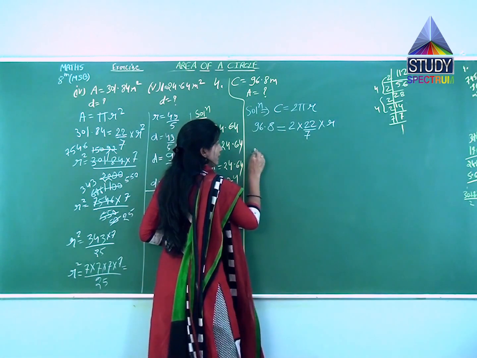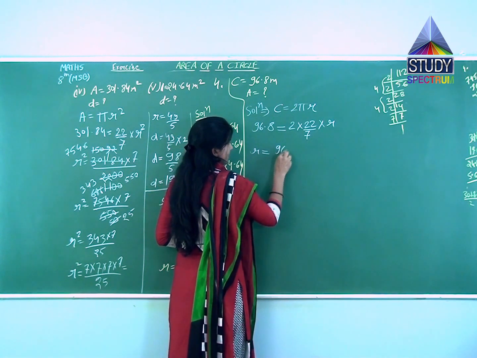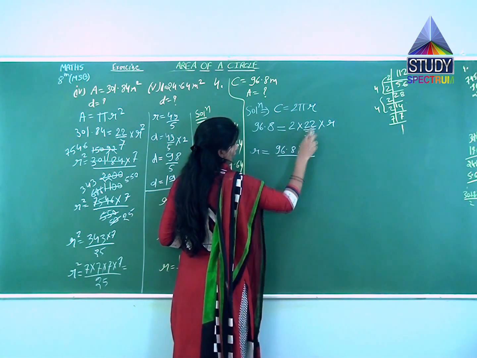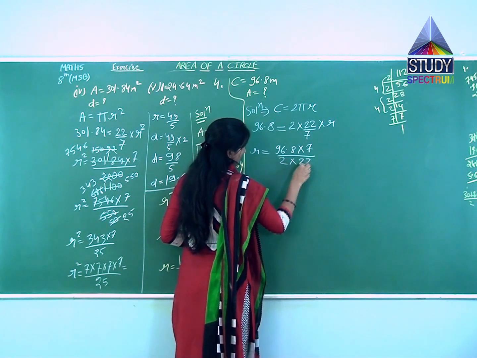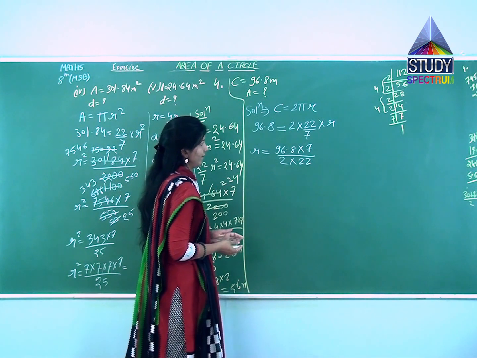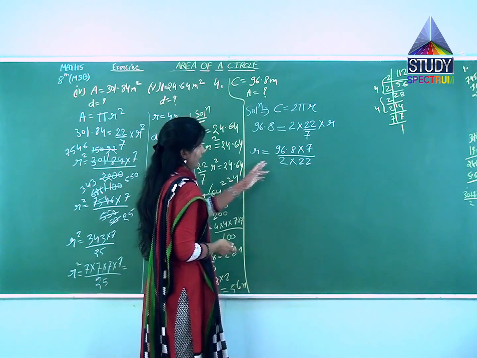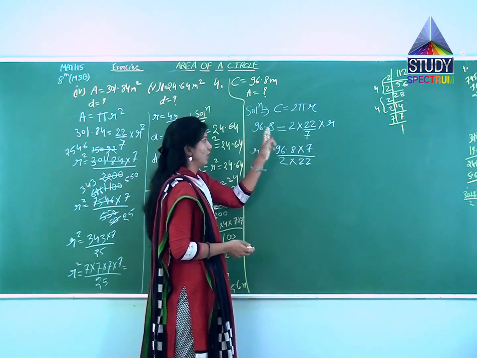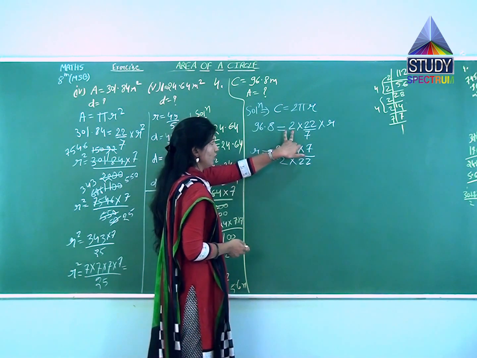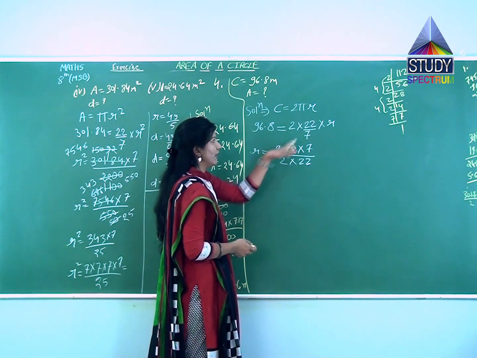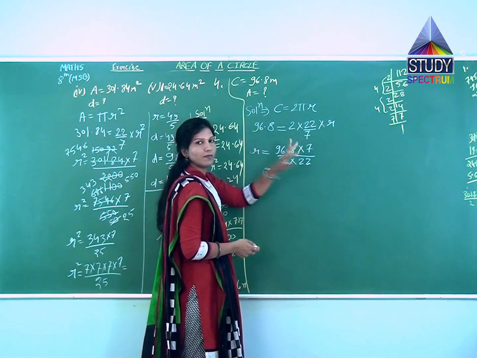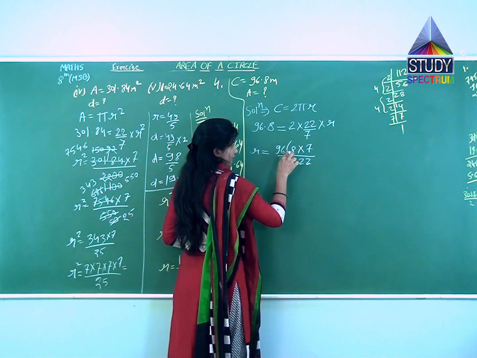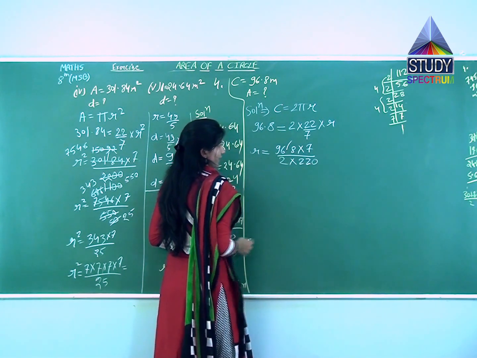Now r will be equal to 96.8 into 7 upon 2 into 22, because if we take 2 and 22 by 7 to the LHS of the equal sign, this 2 will be in division form and this 22 upon 7 will be in its reciprocal form. Now just remove this decimal and place a 0 here.